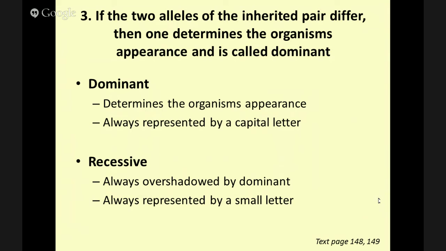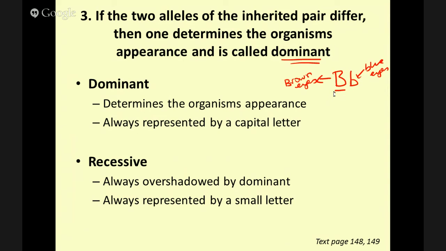So the next thing we've mentioned is that if the two alleles of the inherited pair differ, one determines the organism's appearance and is the dominant one. So in the case of the person who has the genetic code big B, little b, we know big B stands for brown eyes, little b stands for blue eyes. If you have this genetic code inside your cells, what color are your eyes going to be?